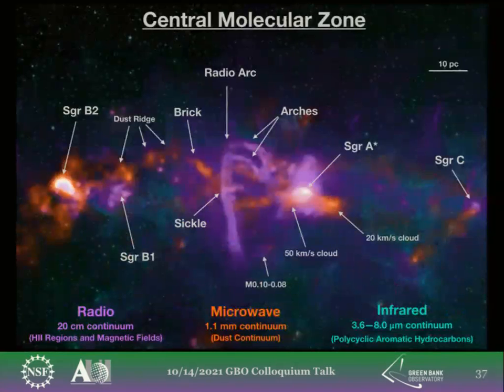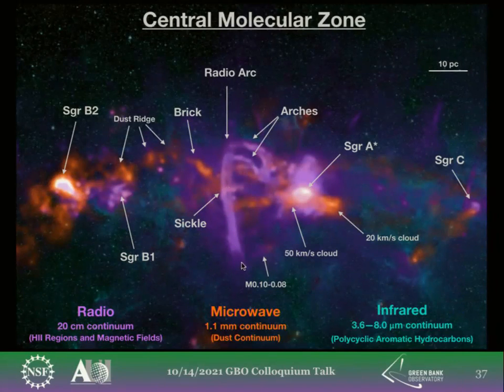So this is one of the nice figures that was constructed by Adam Ginsburg, who looked at radio, microwave, and infrared. Radio means you're tracing the HII regions and magnetic fields. So you can see a lot of these diffuse structures, which are the HII regions, and then you can pick up some of the magnetic fields, for example the radio arc that's shown here.